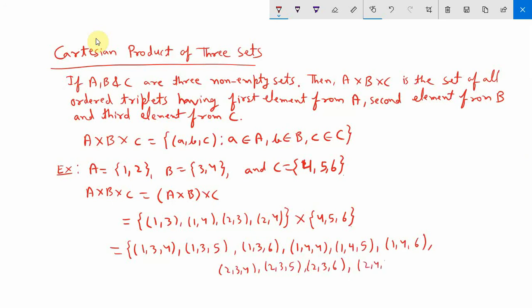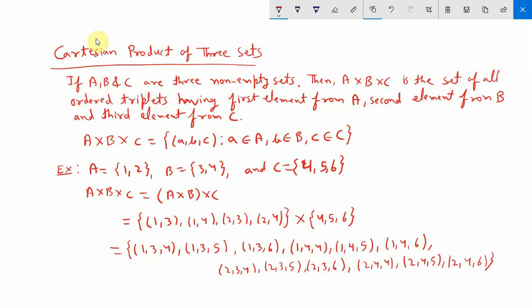2, 4, 4, 2, 4, 5, and 2, 4, 6. Okay. So we will get 12 elements, 12 triplets we can say. Okay.